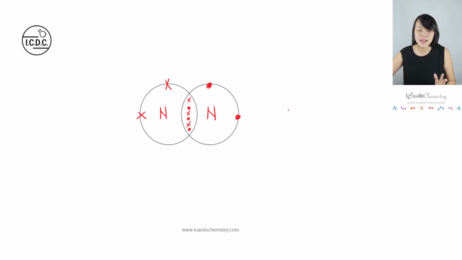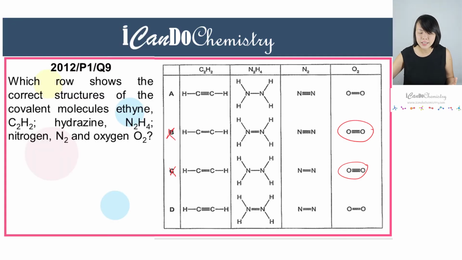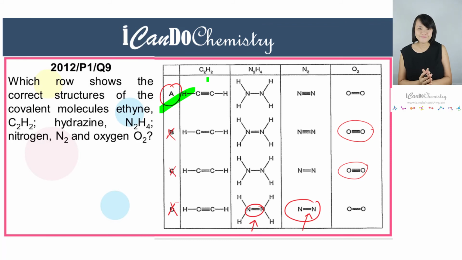So between N and N, 6 electrons are shared, okay, which means it is a triple bond. So from here, we can very confidently say that D must be an inaccurate answer because here this one must be a triple bond and this should be a single bond. So A must be the correct answer.